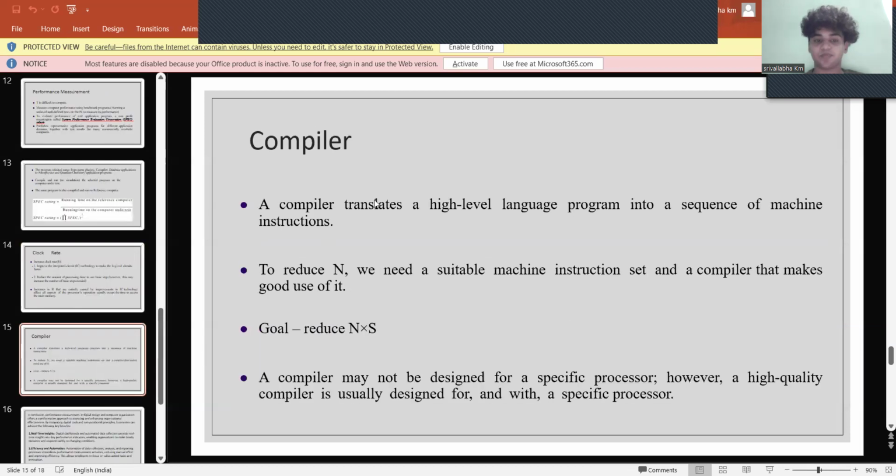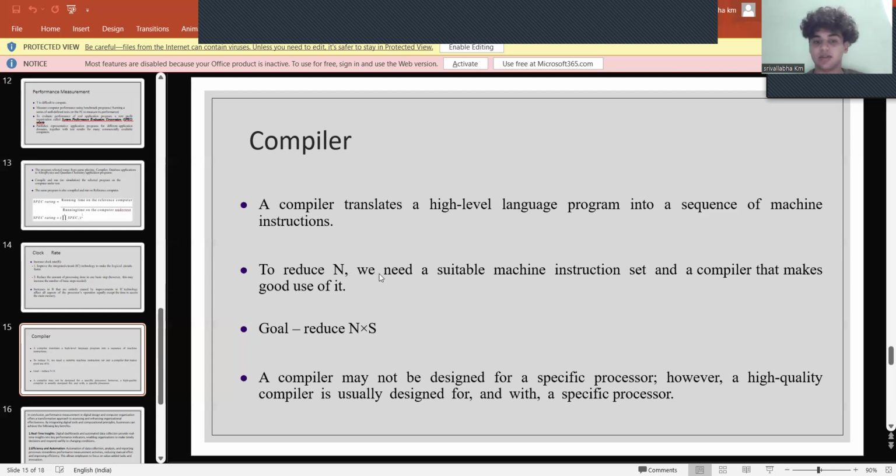Then compiler. What is the main function of the compiler? It translates a high level language program into a sequence of machine instructions. If the program is in any language, it translates it into machine level language.